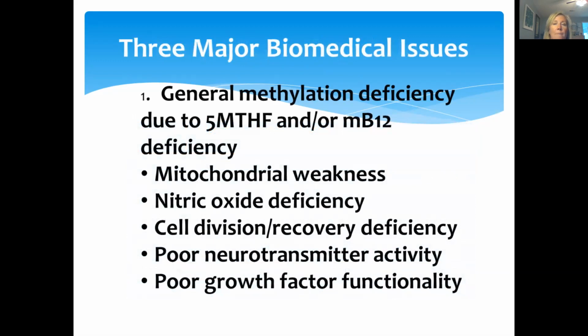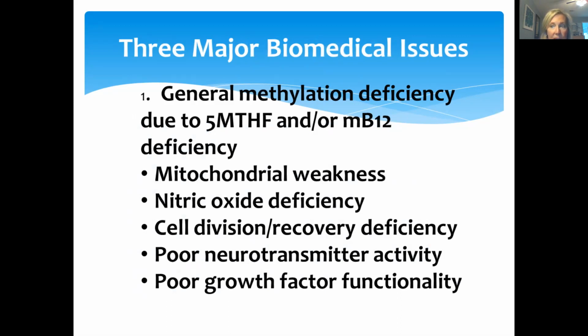Okay, so there's three major biochemical or biomedical issues that occur when you have this. So you're going to have a deficiency of 5-methyl tetrahydrofolate and B12. They go hand in hand. With the C gene, I see a much more profound deficiency of B12 and folate. In fact, some people come to me and they're actually in the danger zone. Their B12 is so low. It causes mitochondrial weakness, so that's your energy production.